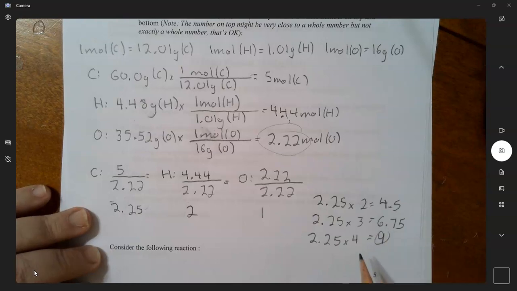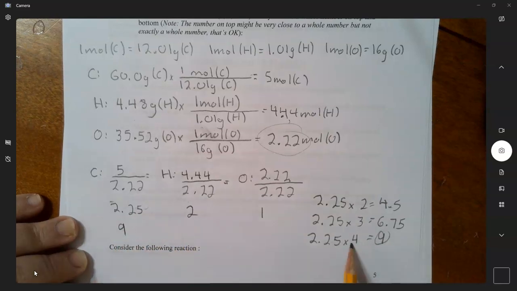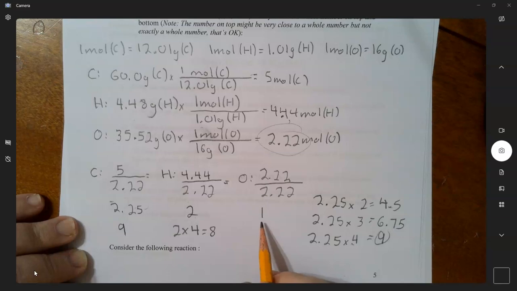That's a whole number, okay? So we're going to do 9, and then down here we have to still multiply by 4. So it's 2 times 4 equals 8. And then here we have 1 times 4 equals 4.